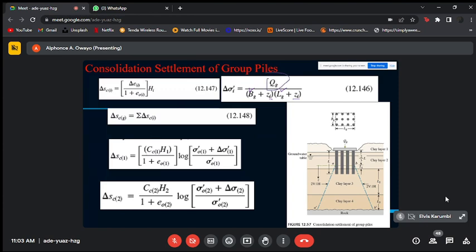All these things, the coefficient of consolidation, you know now, and height is based on the height of clay, and sigma naught. These are the initial in situ stresses before you constructed the pile. So basically, this thing you know, and the CC.